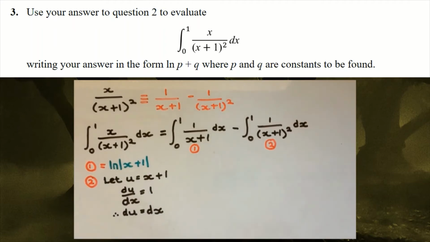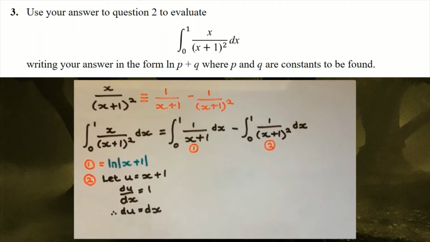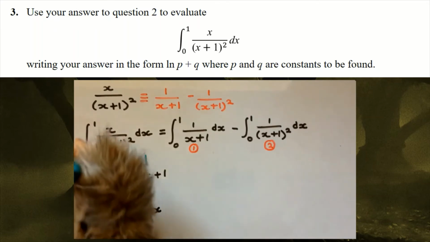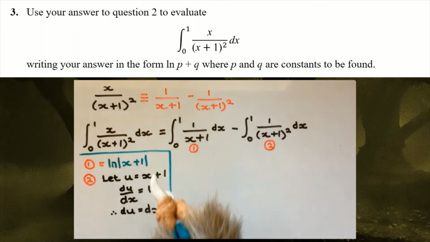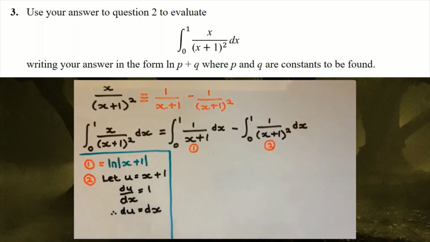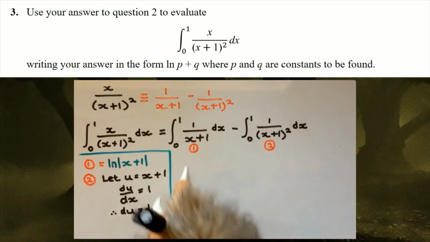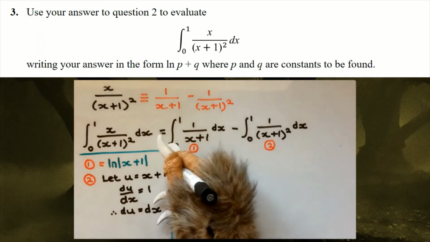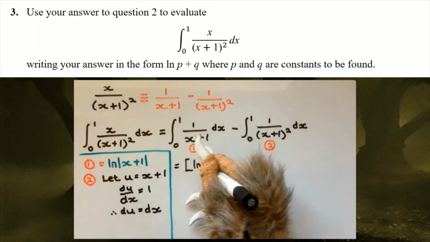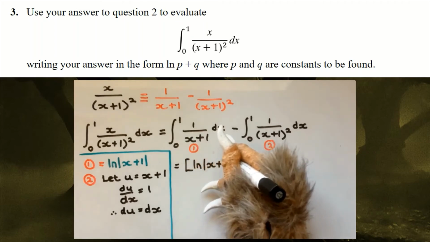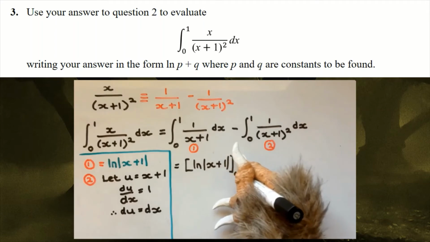Now I'm just going to partition what we've got. So let's just put a box around this, like so. I'm just continuing with the question now. We now have the results for the first integral, integral 1. That's going to be the natural log of x plus 1 between 0 and 1.